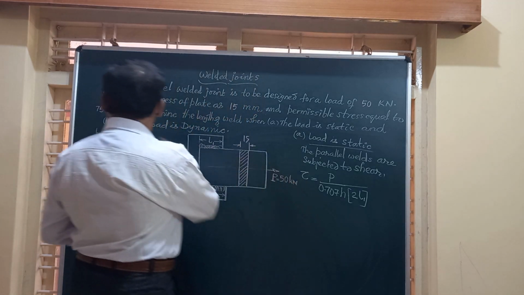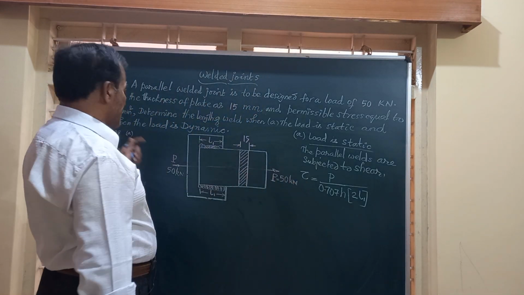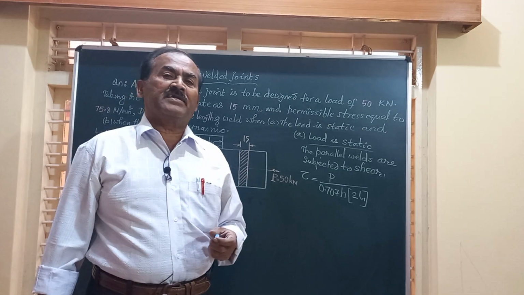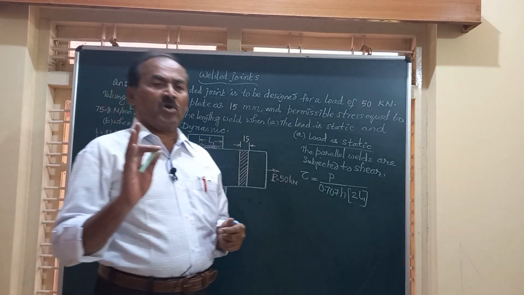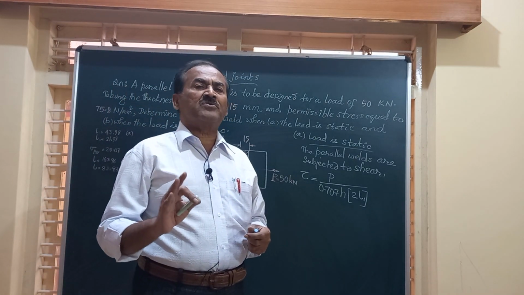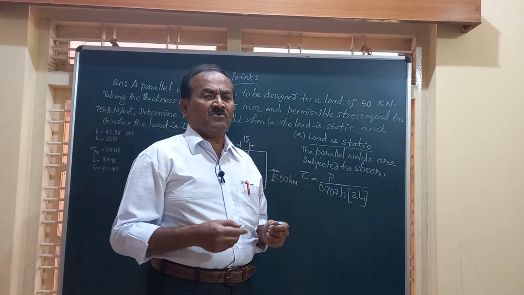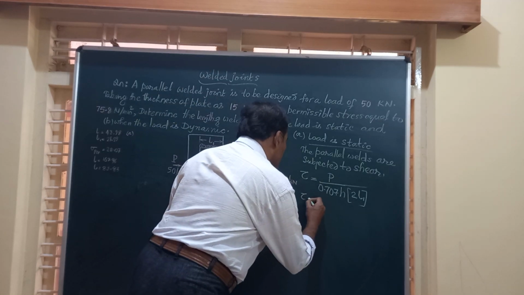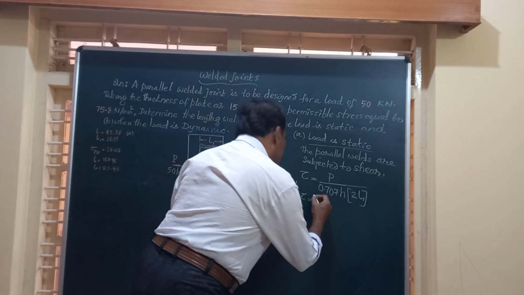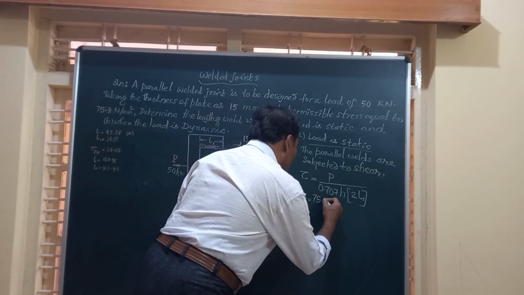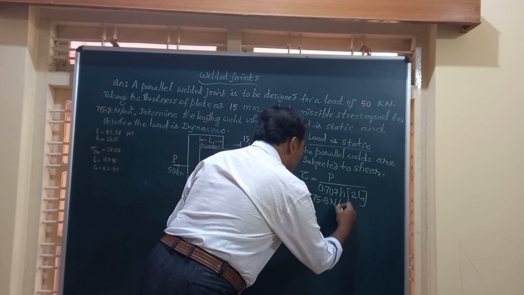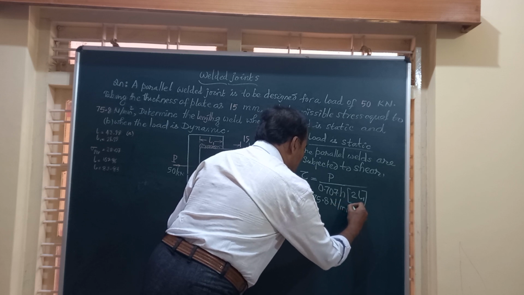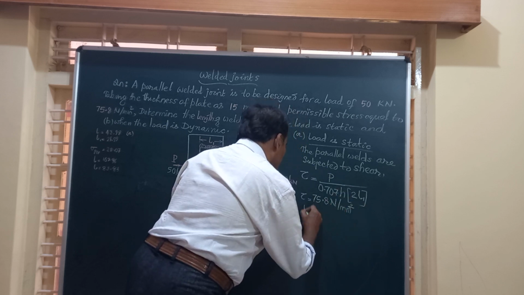In the question, they have given the shear stress as 75.8. In case it is not given, you will have to refer to the data handbook and get the value from the tables. So friends, here tau is equal to 75.8 Newton per mm square, given. Otherwise, you will have to refer to table.